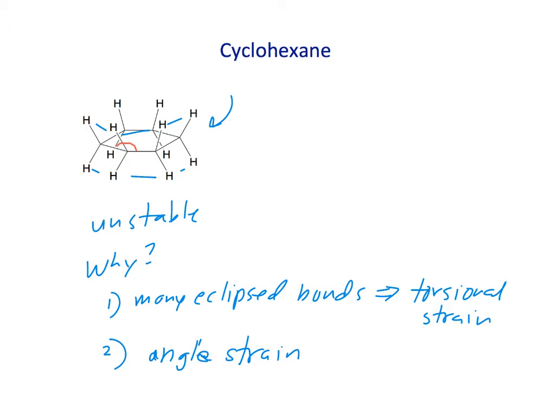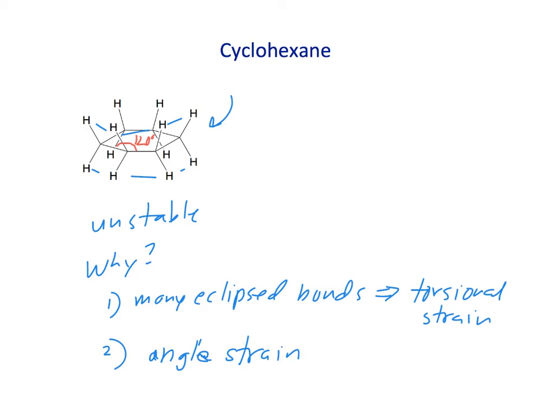Okay, and that's when the bond angles deviate from the ideal bond angles for a given hybridization. So these bond angles would like to be 109.5, but they're actually 120 degrees. So that also leads to instability.